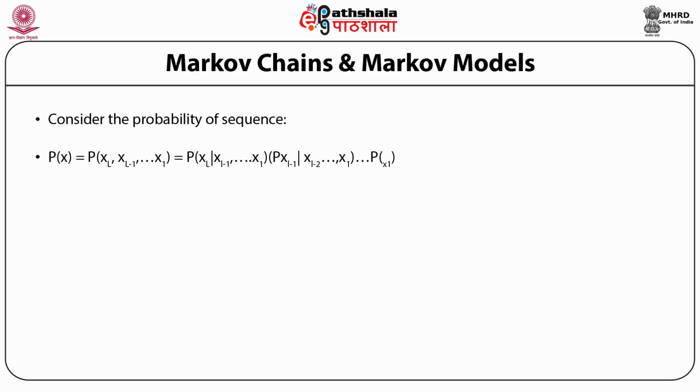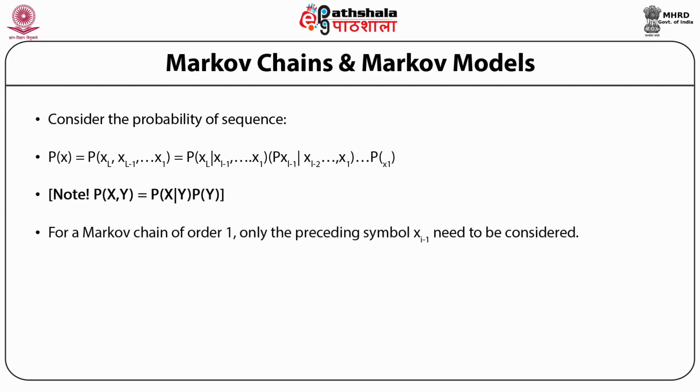Now, having written this complex equation, let me remind you of something called the Bayes formula, which says that the joint probability distribution of two events, P of x y, is given by the conditional probability of x given y times the probability of y itself. Applying the Bayes formula to the previous equation, I can now go further. Let me make one more simplification.